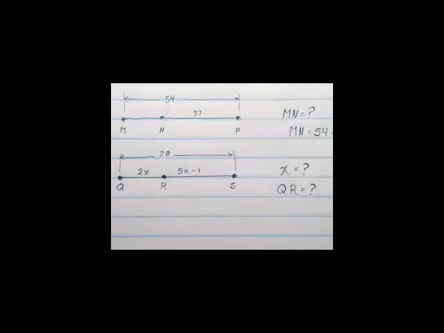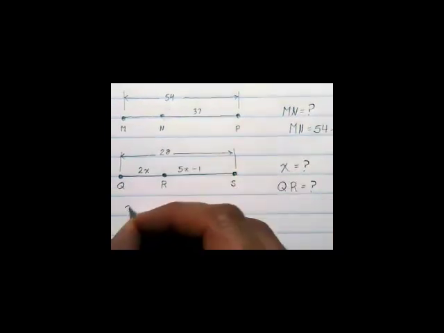You got the right idea, though, but you didn't quite do the right thing. Isn't it 2x plus 5x minus 1? Yeah, exactly. The two parts both add together to give you 28, right? The length of QR and the length of RS should add to give you 28. You just multiplied it. All right, so that's going to be our equation: 2x plus 5x minus 1 equals 28.